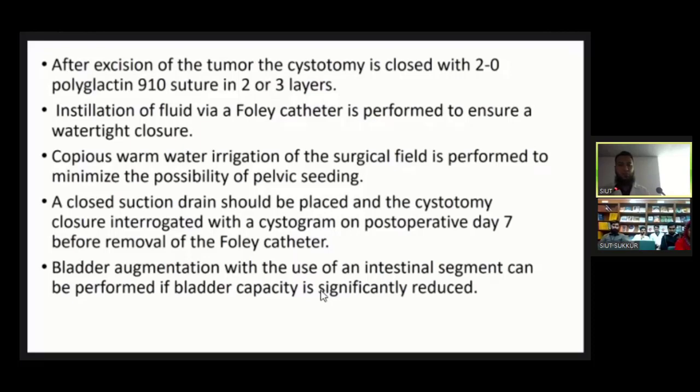We perform cystectomy and, if needed, bladder augmentation if the capacity is very small, using an ileal conduit segment to increase the bladder capacity. Separately, before the cystectomy, we do a cystogram.